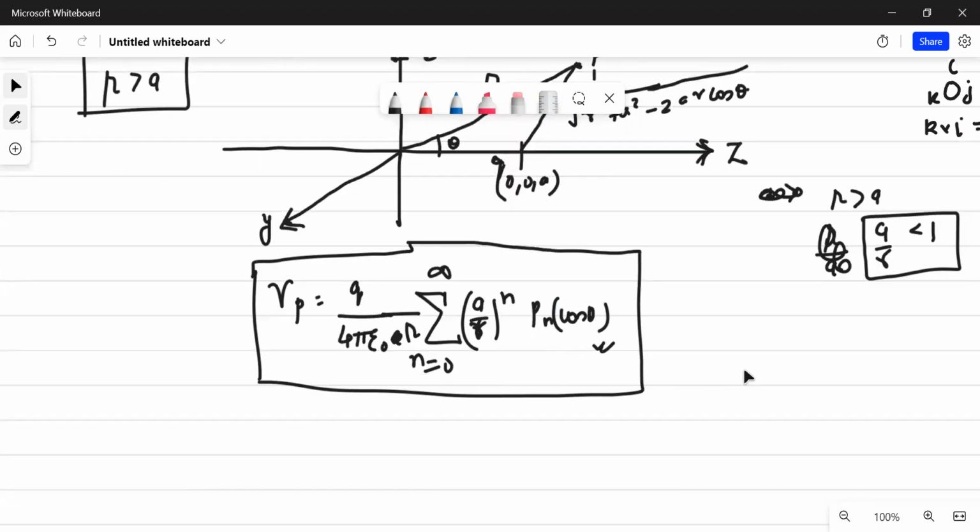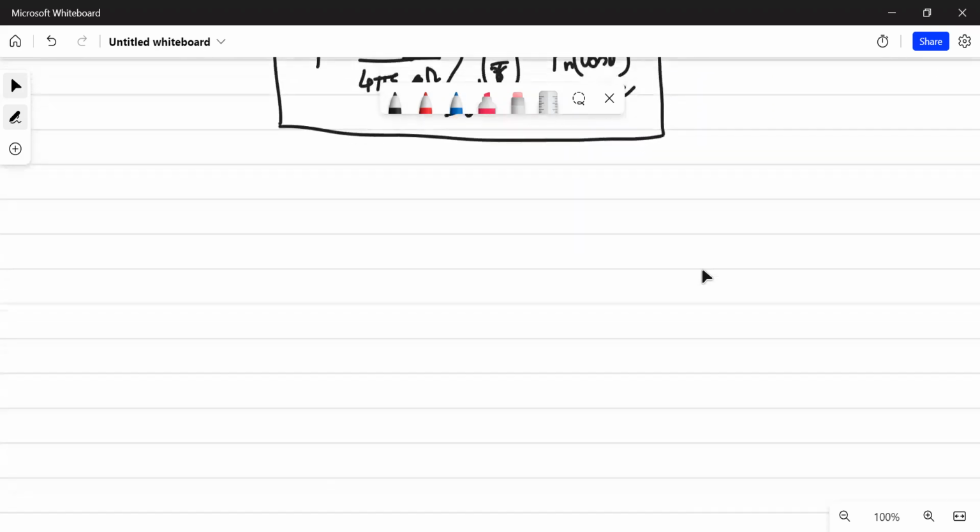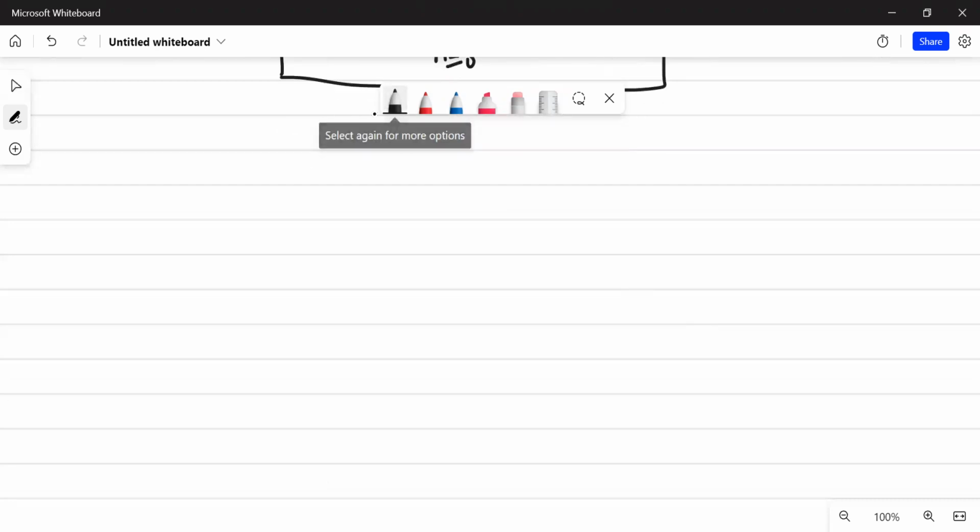Yes. Okay, so let us go further, and let us see if we are supplied with some dipole case. So now we'll take the case of dipole.